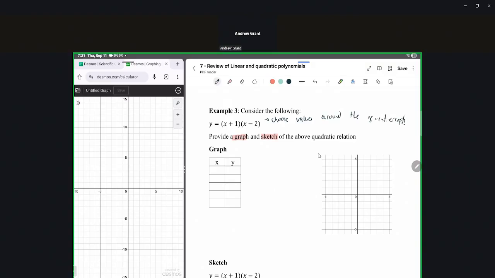So here, these values were chosen purposely. So we can choose the standard values -2, -1, 0, 1, and 2, because here we have an x-intercept of -1, and here we have an x-intercept of 2.